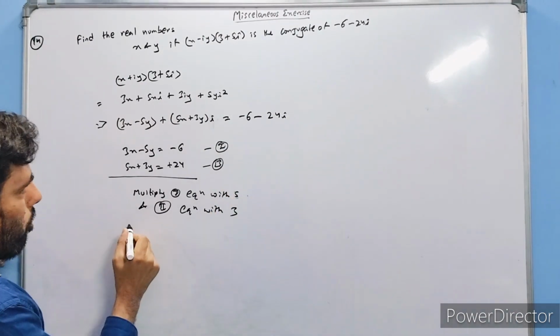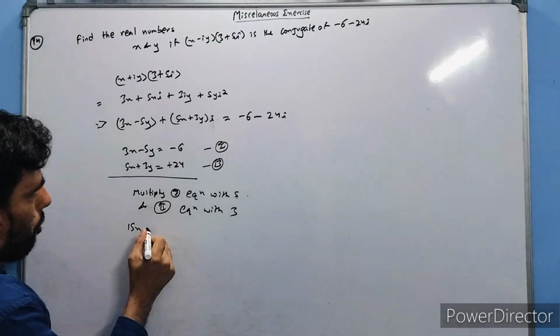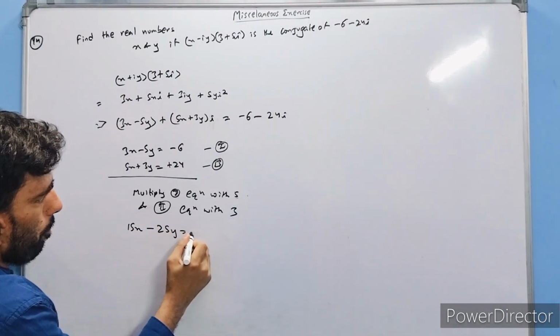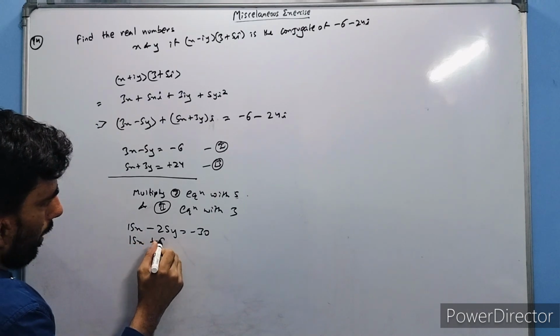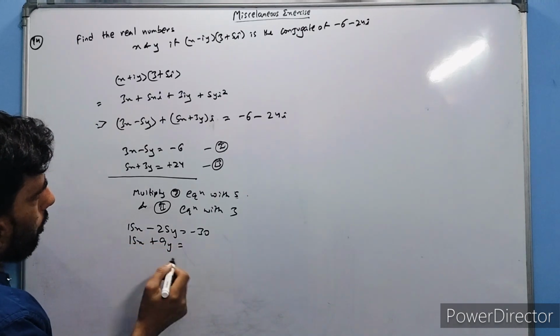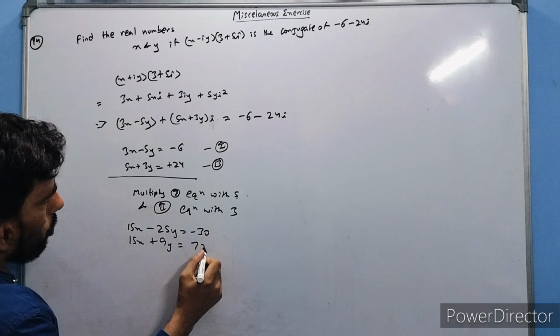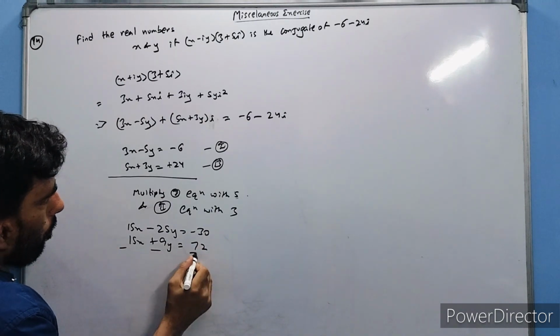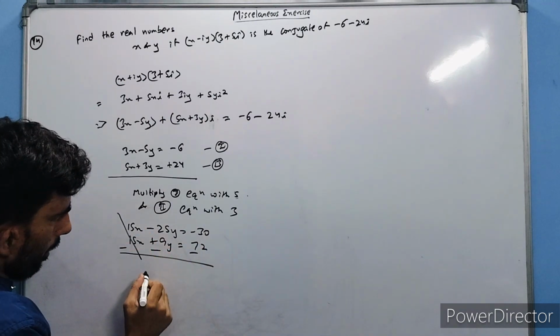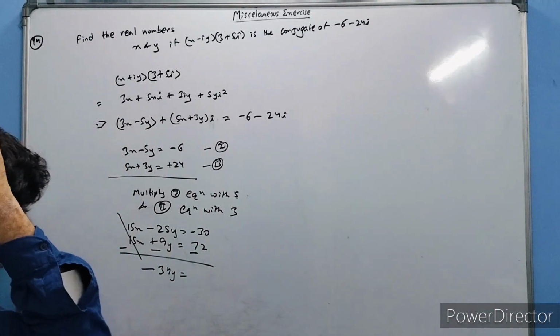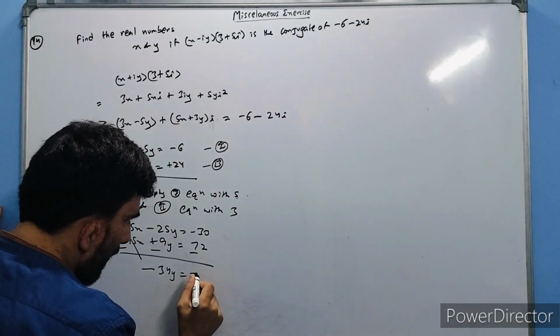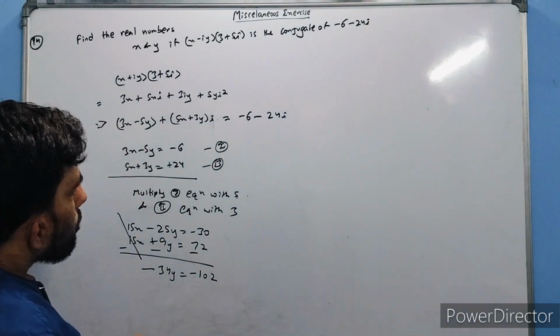So what will I get here? 15x minus 25y is equal to minus 30, and 15x plus 9y is equal to minus 72. Now we'll subtract them and I get minus 34y is equal to minus 102.